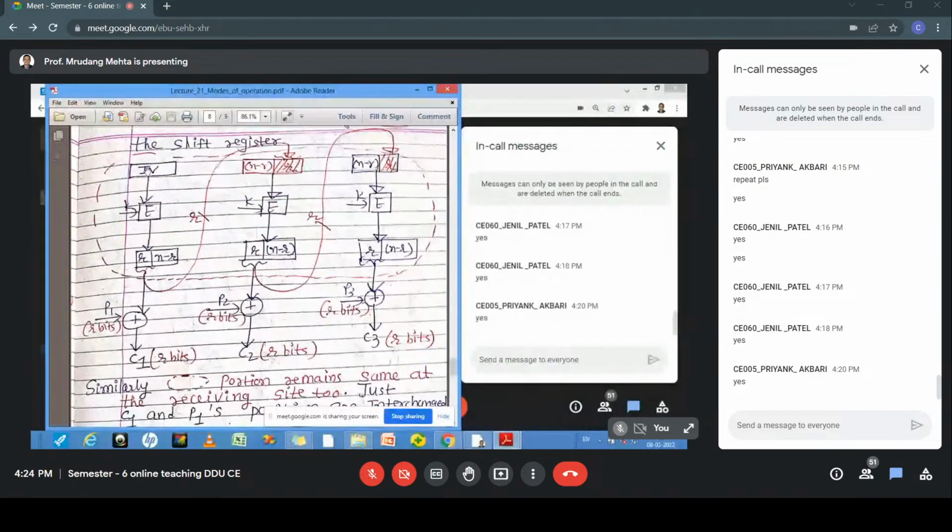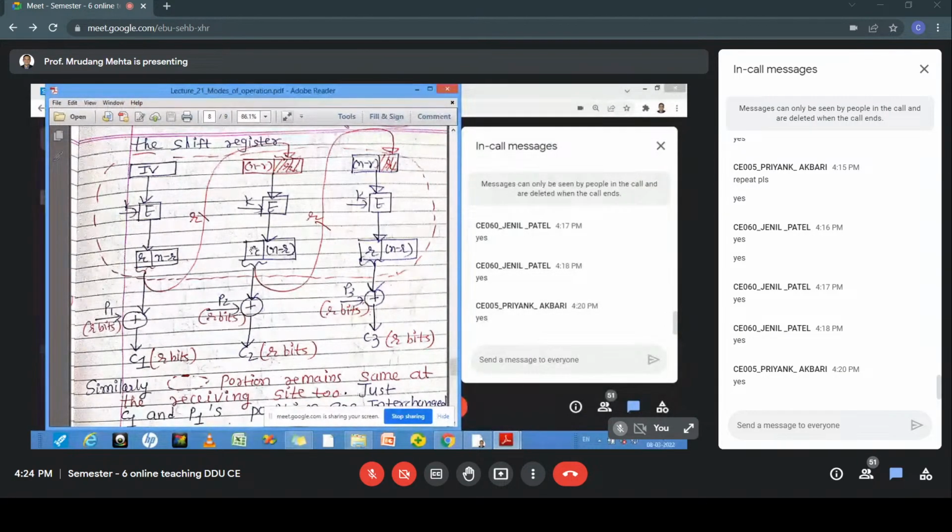And the advantage is that here you have the initial vector and key with encryption, r bits and n minus r bits. The r bits are used for updating the shift register value.